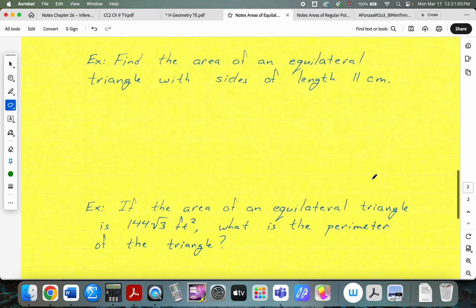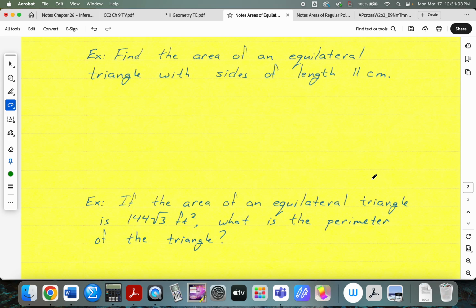So let's find the area of an equilateral triangle with sides of length 11 centimeters. So the area, I'm going to use the second one. Take the side, divide by 2, square it, multiply the result by the square root of 3. So that's going to be 11 over 2 squared times the square root of 3. 2 doesn't go into 11 evenly, so I'm not going to divide it and make it a decimal, because we try not to mix decimals with square roots.